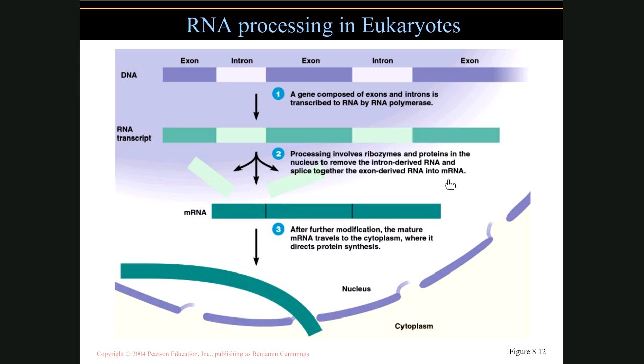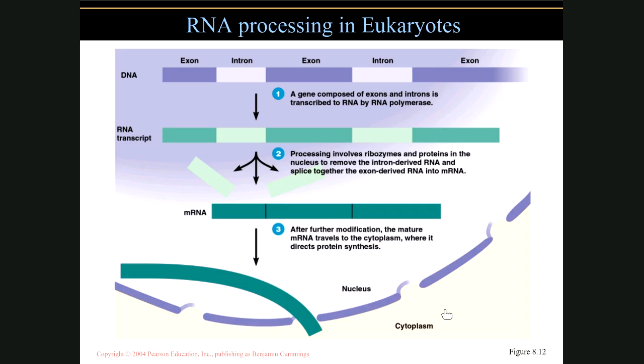We also said that prokaryotes can produce a protein faster, because in eukaryotes, the messenger RNA is made in the nucleus and then has to be transported to the cytoplasm, where it can hook up with a ribosome and be translated to make a protein. But in prokaryotes, there's no nucleus, no nuclear membrane.